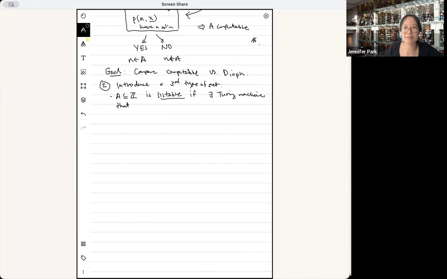Remember that a Turing machine can run forever. This Turing machine has to print out precisely the elements of A eventually.